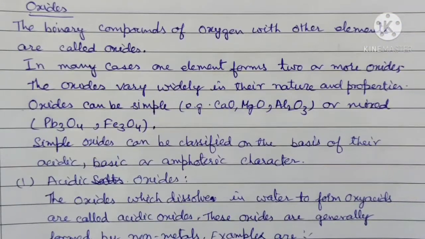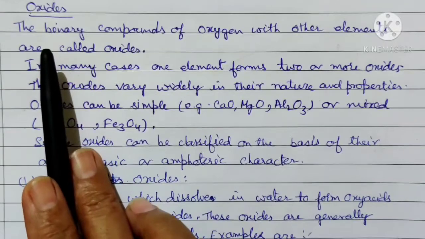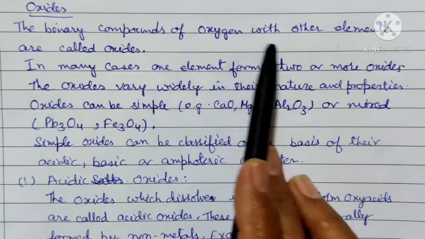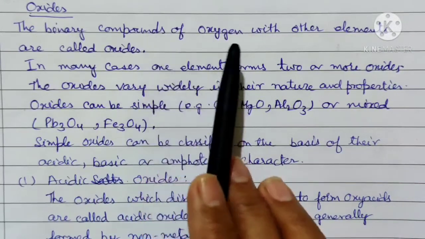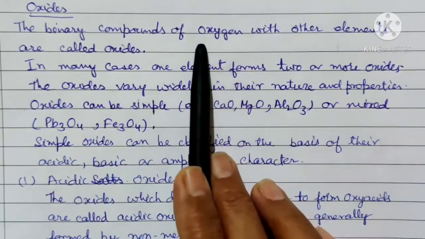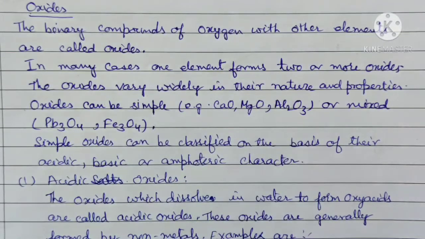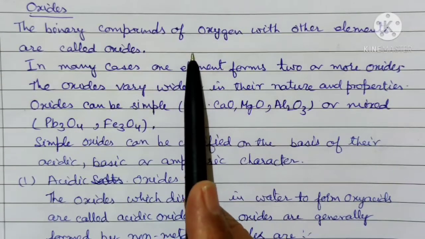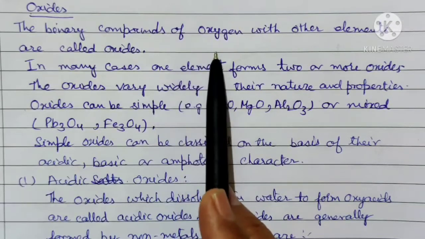Now we study the oxides. First we define what oxides are. The binary compounds of oxygen with other elements are called oxides. Other element means it may be metallic or non-metallic oxide. You already know about the different types of oxide, like the oxides of metals and non-metals.